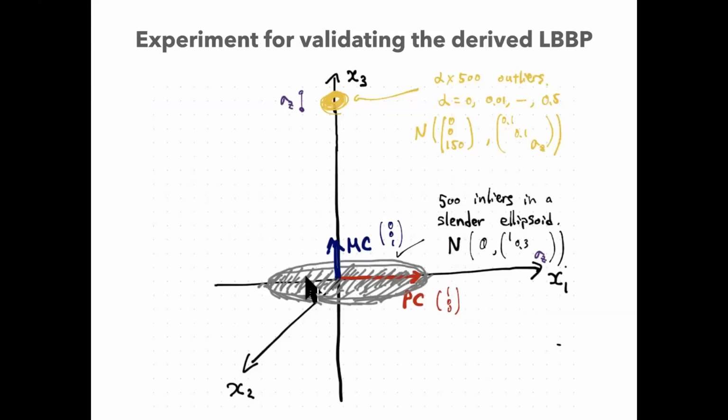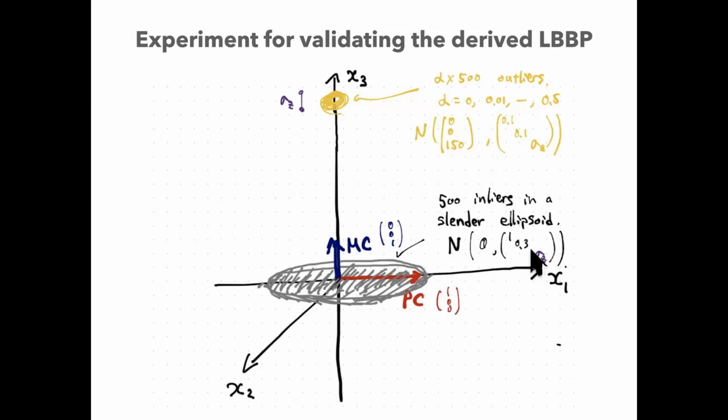We consider 500 inliers, which form a very slender ellipsoid centered at the origin in three-dimensional space, and it is sampled from this normal distribution, centered at 0, and the variance for the x1 axis is 1, the x2 axis is 0.3, and the variance for the x3 axis is sigma z, which is far smaller than 0.3.